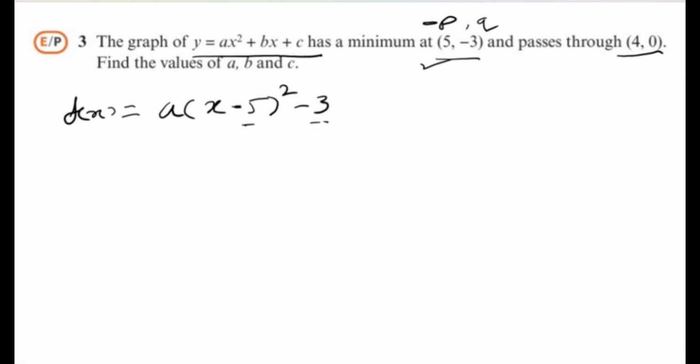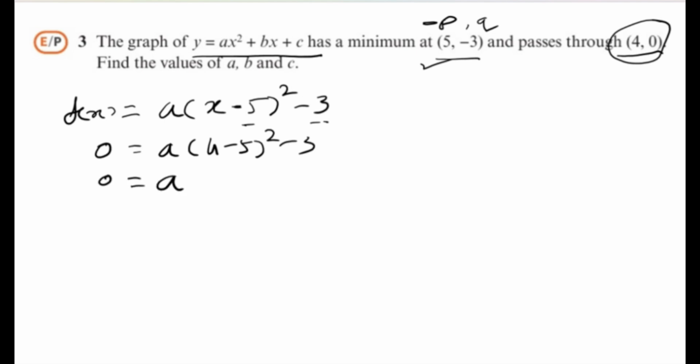Now, to find the value of a, we can use this coordinate. So in this, we can substitute 4 instead of x, and we can substitute y is equal to 0. That will give us the value of a. So I can write 0 is equal to a, 4 minus 5 squared minus 3. 0 is equal to a, 4 minus 5, minus 1 squared is 1, minus 3.